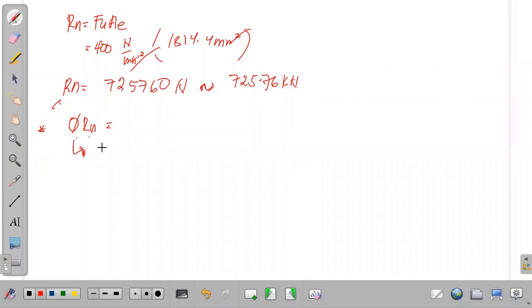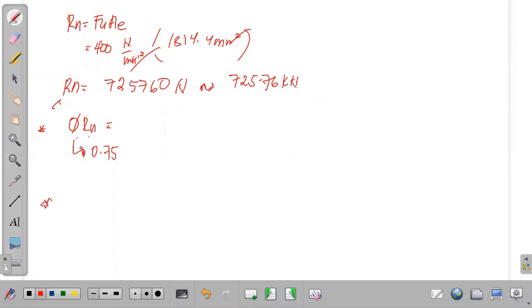It is 0.75. Don't forget that against net section fracture, rupture, or fracture, phi is 0.75. For gross yielding, it is 0.9.